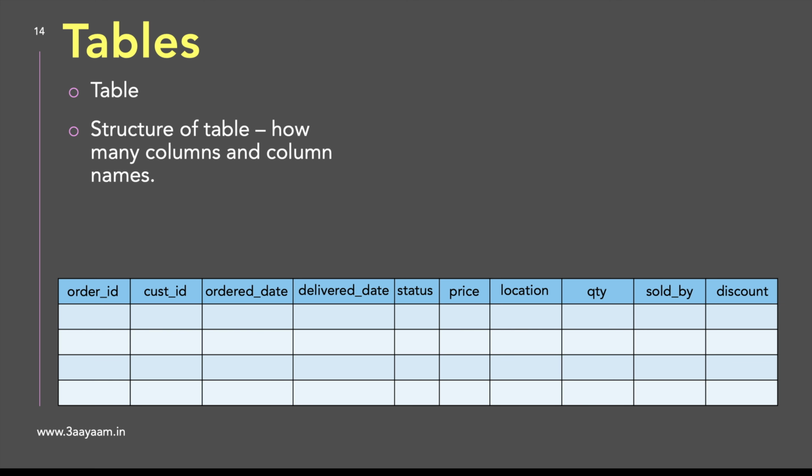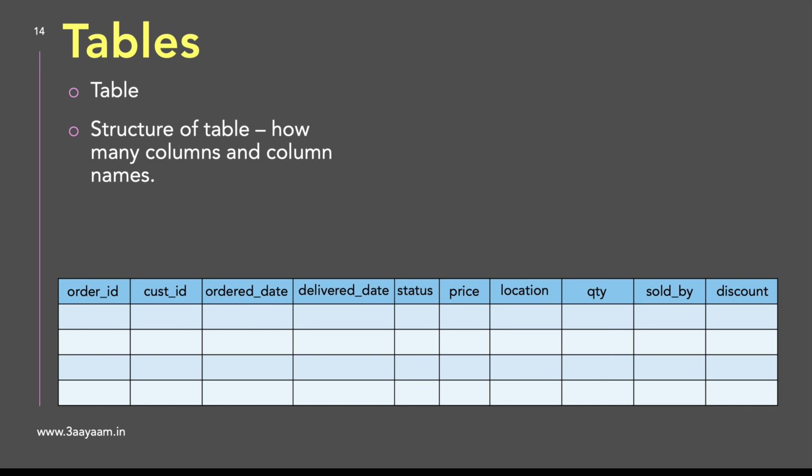So let's say these are the columns. So these are the different column names. We have defined only 10 columns in this particular table. So this is the structure of the table, meaning that this particular table, let's say this orders table, contains 10 columns and these are the names of the columns.